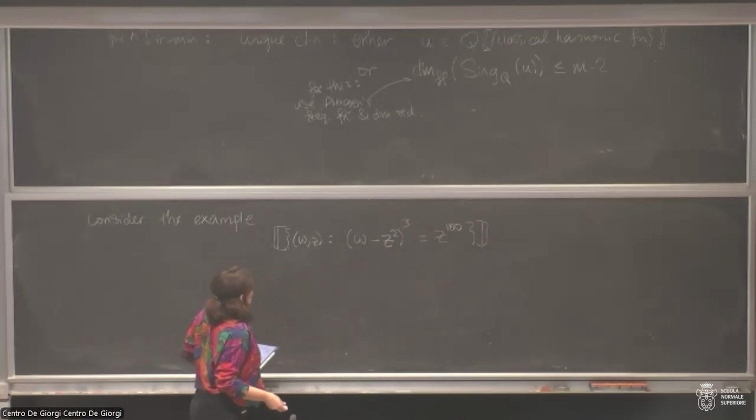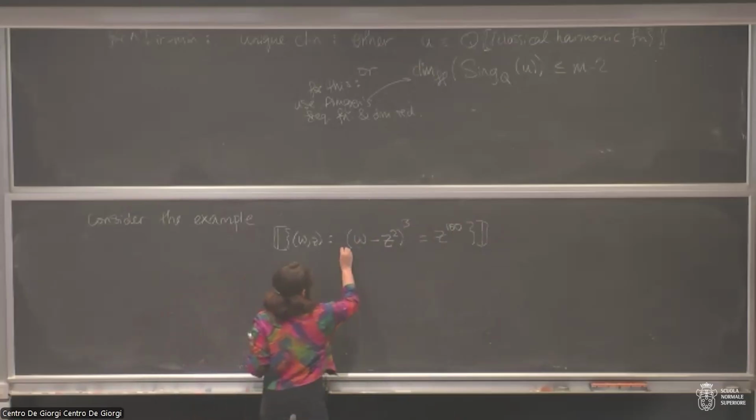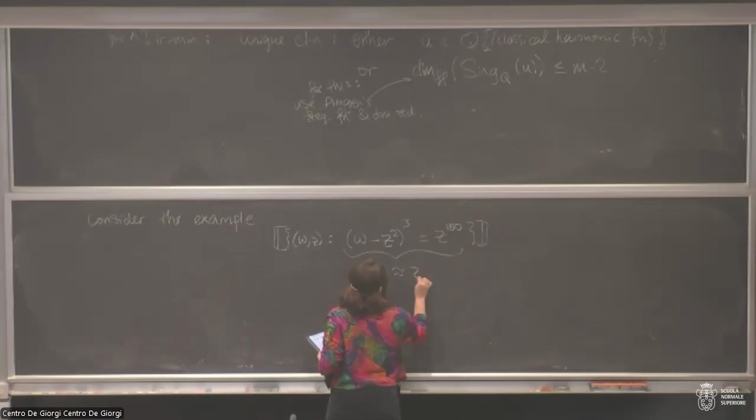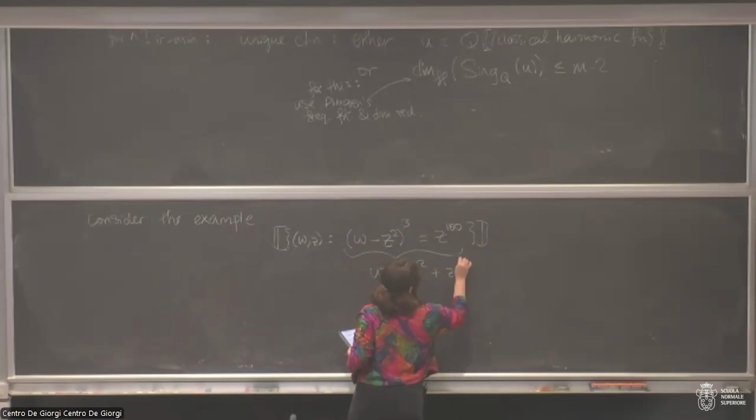Okay, so what happens here? Well, at the origin, you still have a branch point. So near the origin, the optimal plane is still w equals 0. And here you have that w is like z squared plus z to the 100 over 3.